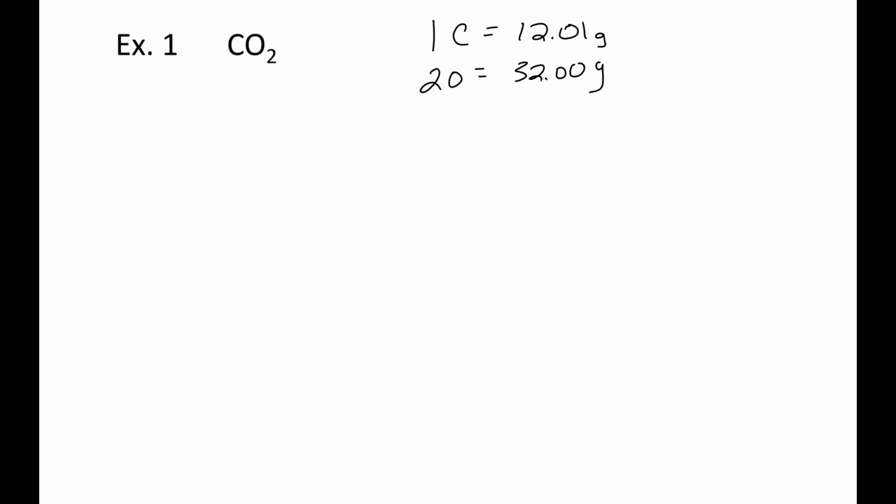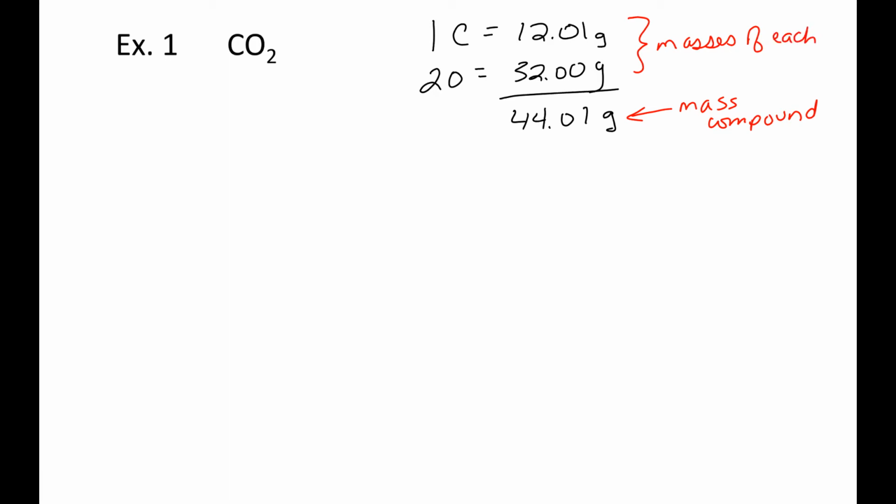Each oxygen is 16, so 2 of them are 32. And then we have 44.01 grams, and that's the compound, okay? So this is the mass of the compound, and these are the total masses of each element.